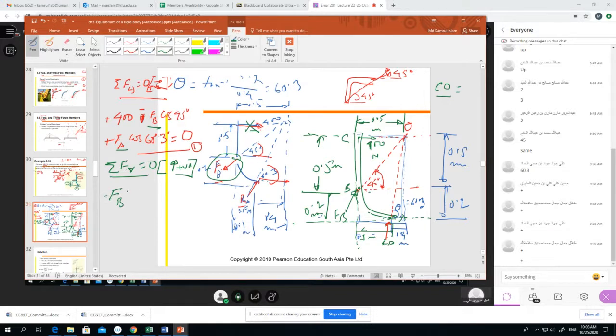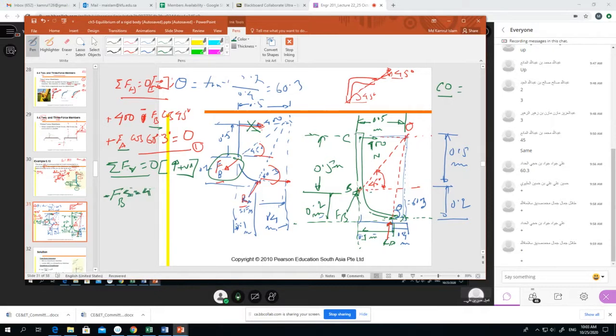We go downward, and this time it is sine 45 degree, minus sine 45 degree, right? And we have RA, or FA, whatever. I put FA there, because it is upward, so plus FA. This time it is sine 60.3 degree, and there are no other forces. Forces equal to 0. It is equation number 2.